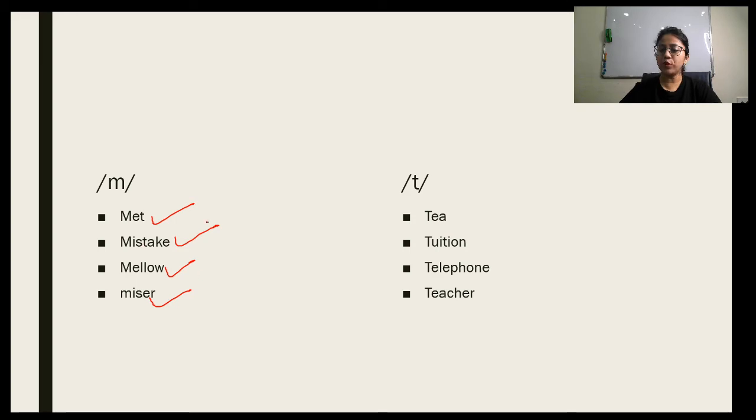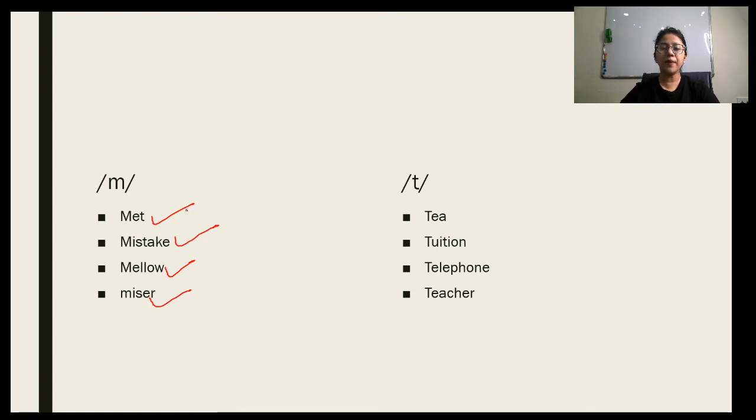Now it's very important to understand that all these four words, when it comes to it being used for m, it's very simple. The m sound is very simple. There's nothing difficult about using the m sound. The only thing that you need to focus on when it comes to the m sound is that you do not use a very thick m. You use it as a lighter version of it. M, pa, pa, pa. That's the way it is done.